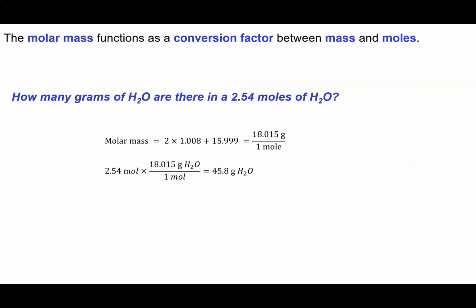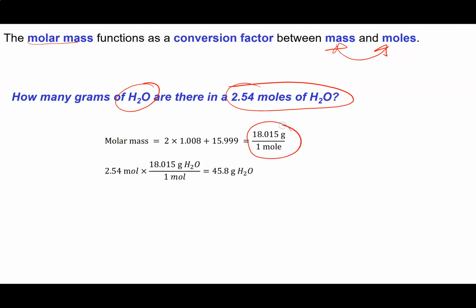What about if I want to go back the other way and say how many grams of water there are in 2.54 moles of H2O? Well, I know that the molar mass functions as the conversion factor between mass and moles, and I can go in either direction. Same deal: I'm going to calculate my molar mass. Surprise, surprise, it hasn't changed from 18.015 grams per mole.